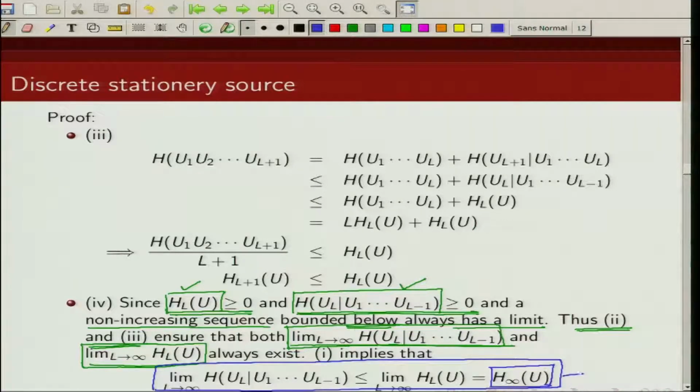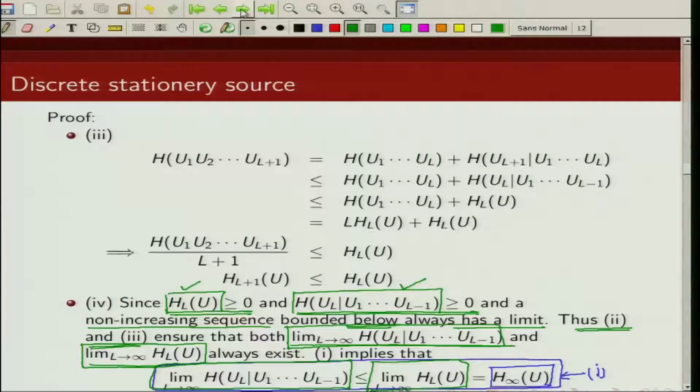So this follows from property number 1 when we let L go to infinity. Now to prove that they are equal, I need to show that this particular term is less than or equal to this particular term.